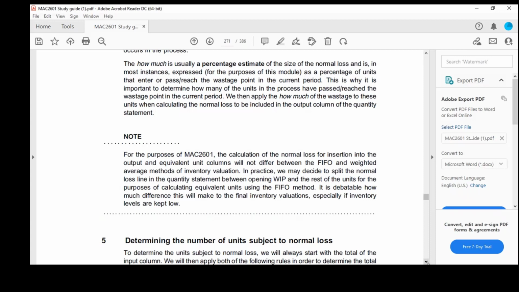After wastage point, you will be able to use that 10% that someone was making as an example, not to say it's always 10%, to apply and quantify out of the units that pass this wastage point, which ones, how much of the normal loss did we experience? Okay, so that's where and how.